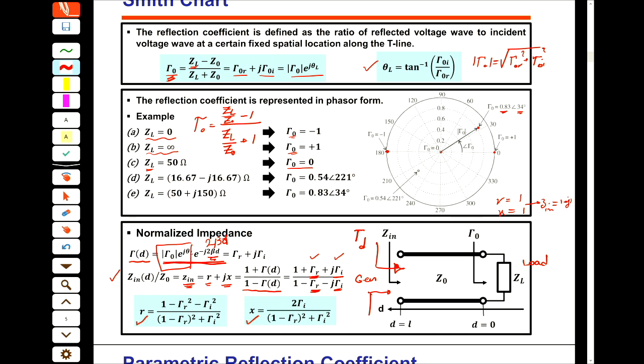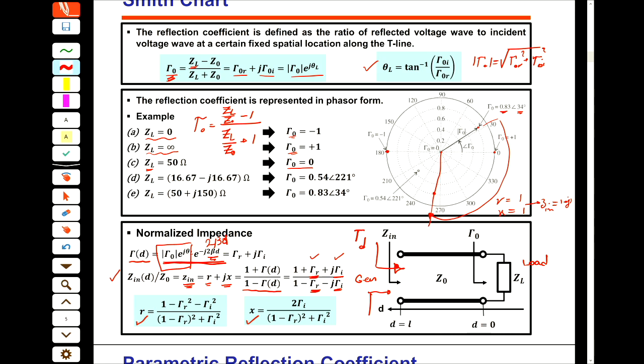So I find, for example, the phase of this is 34 degrees, and then I calculate 2 beta d. I know the length of the transmission line is 5 centimeters, and beta is 2 pi over lambda, and lambda at this frequency, for example, is 1 millimeter, and then I find 2 beta d. By that amount I change the phase and come here. All right? And the amplitude is the same as before, and only the phase changes.